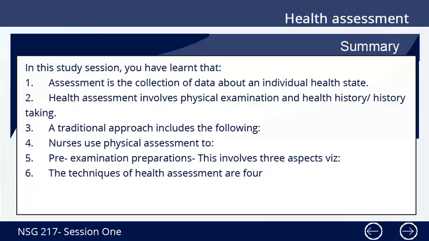Number 5. Pre-examination preparation. This involves three aspects, that is, preparation of the client, preparation of the environment, preparation of equipment. And number 6. The techniques of health assessment are four, and they are inspection, palpation, percussion, and auscultation.